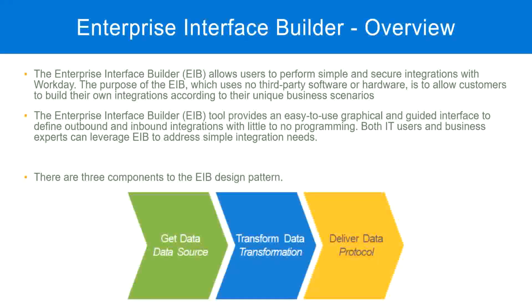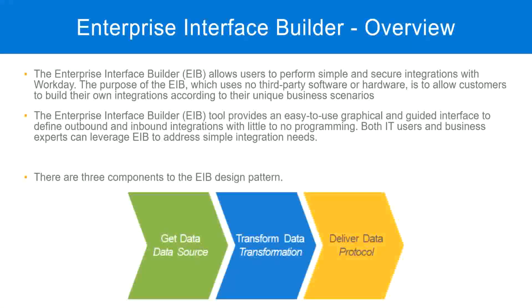So any integration will have 3 steps. First we have to get the data from somewhere. Some of you said we will Google the data. Absolutely. So you can get the data from somewhere. The second step would be to modify the data, or translate the data, or transform the data into a format expected by the recipient.